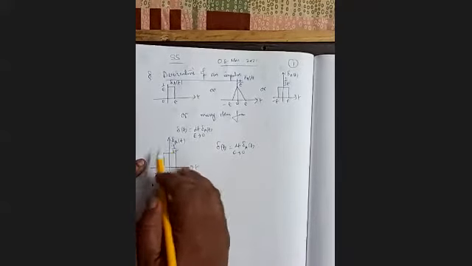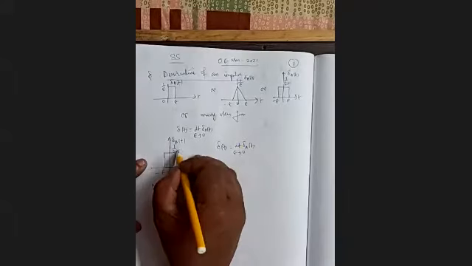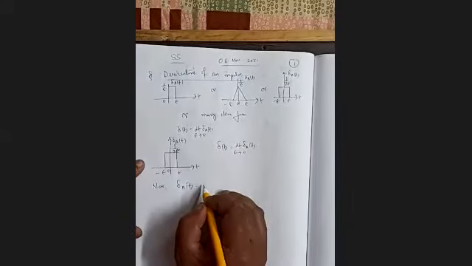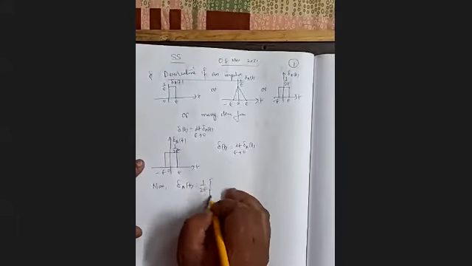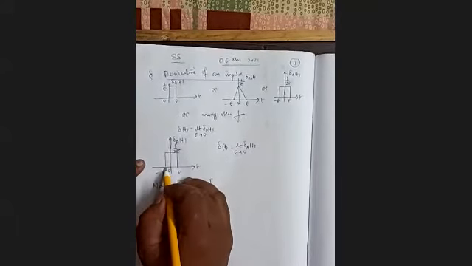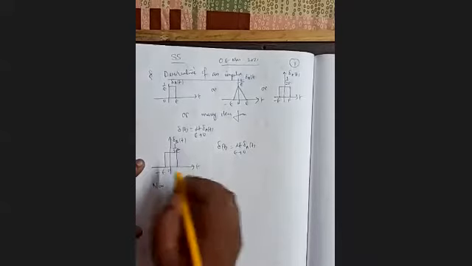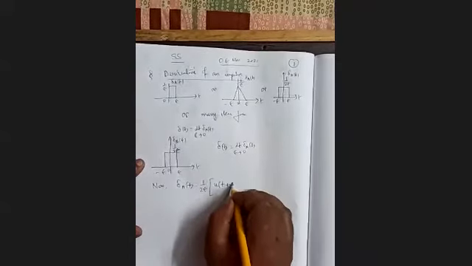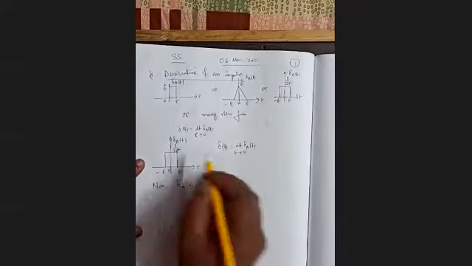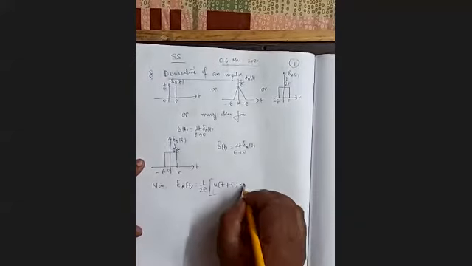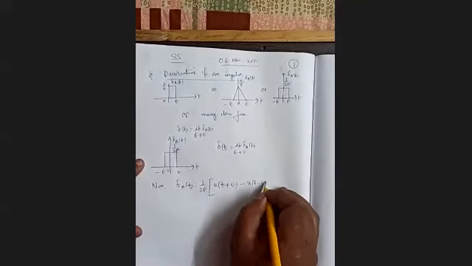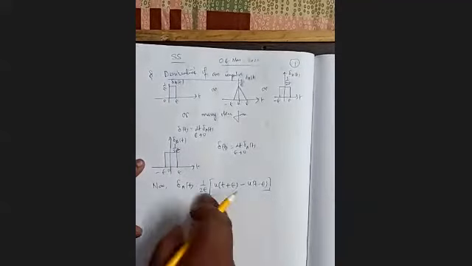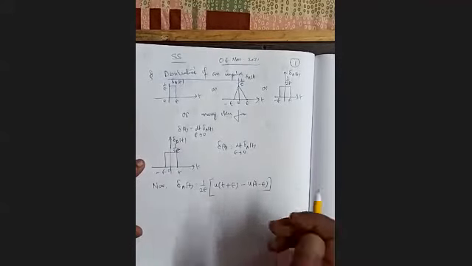Now, what is the approximate version of impulse delta AT? We can express it in terms of step function. Its magnitude is 1 by 2 epsilon. Then one step is applied at minus epsilon, so it will be u t plus epsilon, minus u t minus epsilon, which is cancelled by that one. So that is the expression.